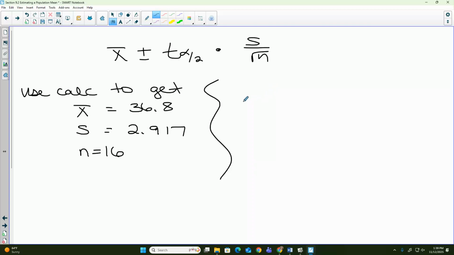Now we need our t alpha over 2. Okay, we are talking about 95% confidence. So if I have 95% in the middle, how much is left for the ends? 5%. If we split that over 2, so we're looking for 0.025, how many degrees of freedom do we have?